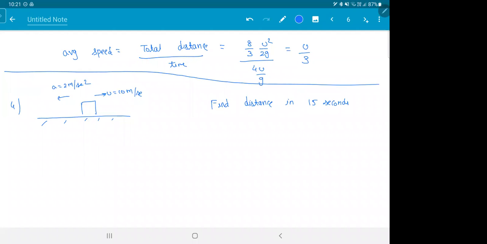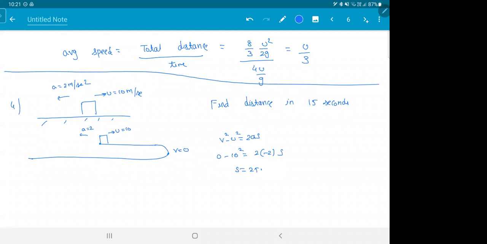What's happening here? This guy is actually going front, stopping and turning back, isn't it? So when you're here, this u is 10. What is the velocity here? When you stop, the velocity is 0, na? So v square minus u square is 2as. V is 0, u is 10, acceleration is minus 2.